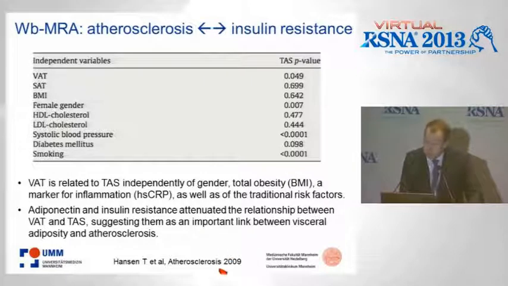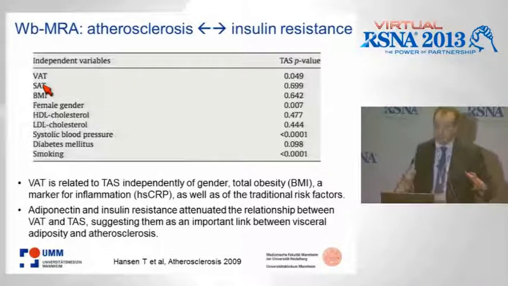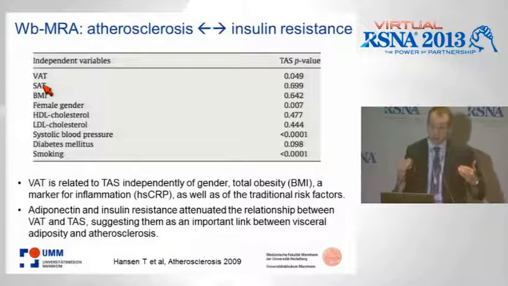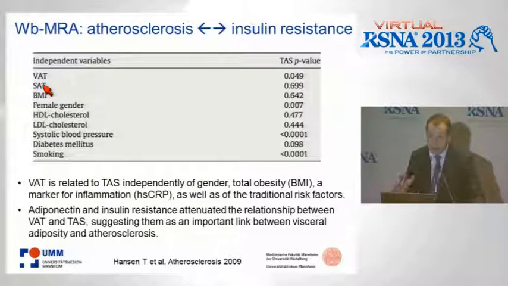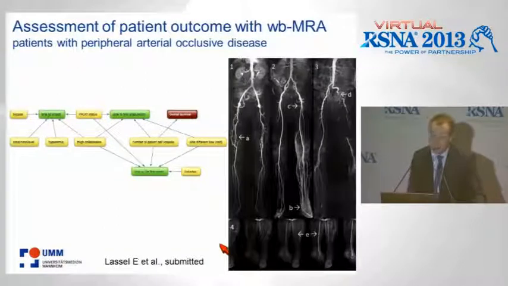They could find in a follow-up study in atherosclerosis that the total amount of whole body fat did significantly correlate with their score of the atherosclerotic burden. So it's a true biomarker measurement. I think this is the view we have to have in the future, not just counting stenosis, but consider whole-body MRA as a biomarker for its ideally prognostic assessment.